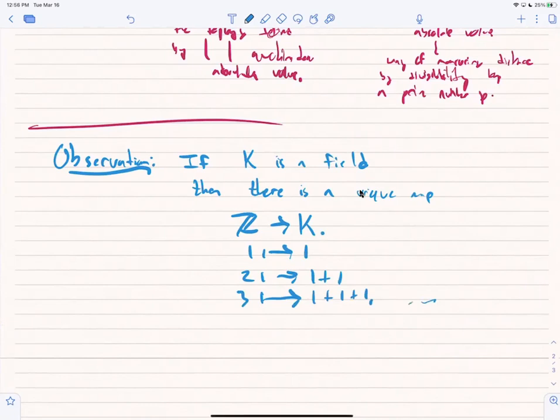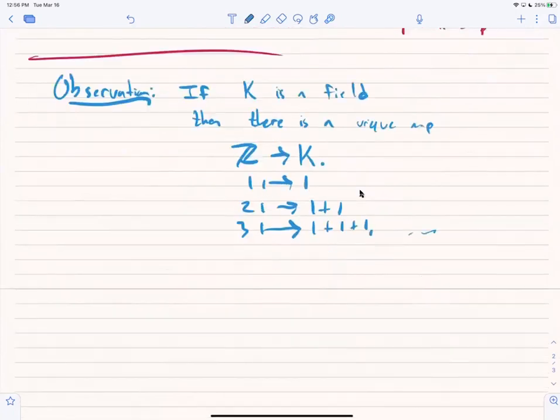There's nothing special about K being a field yet. This is true for any ring. Any ring has a unique map of rings from the integers, because any map of rings has to send 1 to 1 and has to respect addition. So it has to send 2 to whatever 1 plus 1 is, and so on. Okay, so good.